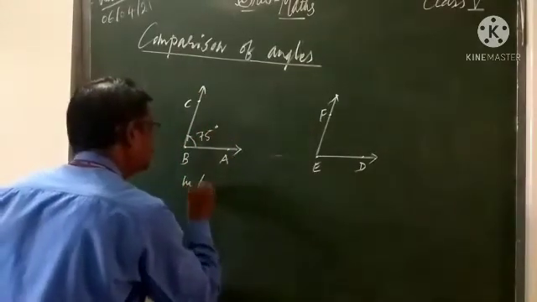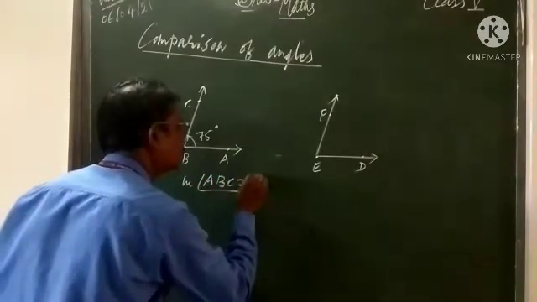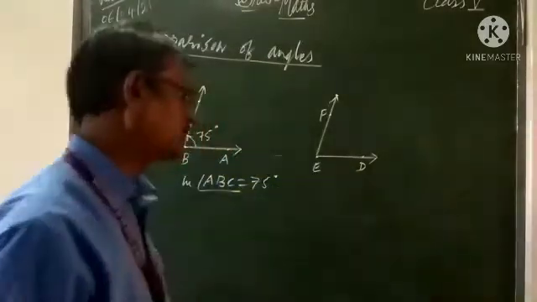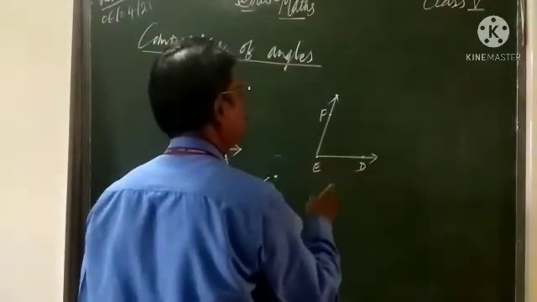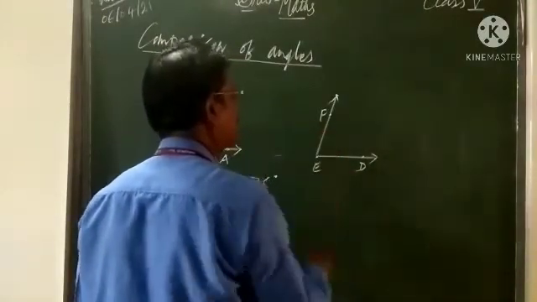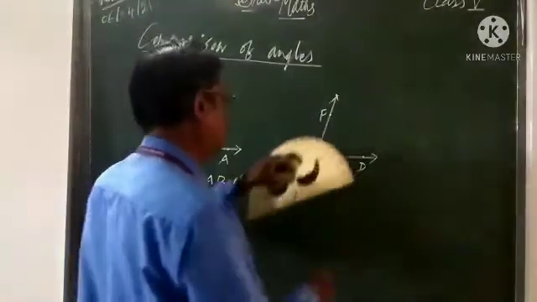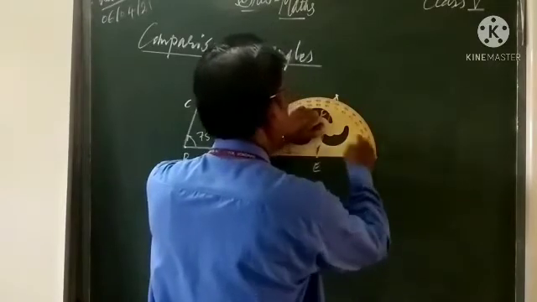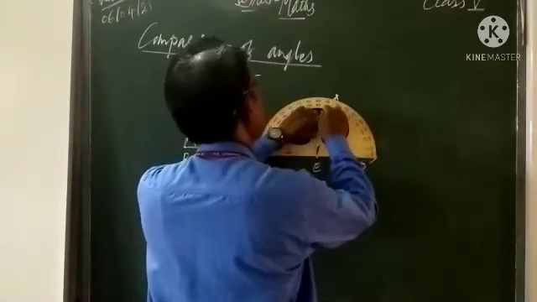Here we can write the measure of angle ABC equals how much? 75 degrees. Now we have to measure the other given angle. The angle name is DEF, or angle E. So the vertex of angle DEF is E. Place the center of the protractor on the vertex E. Now measure that. Always take the inside scale. 0, 10, 20, 30, 40, 50, 60, 70 and 80.